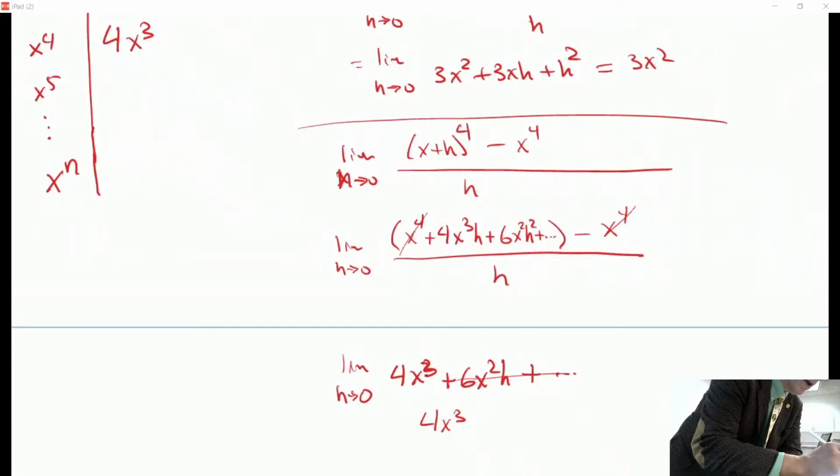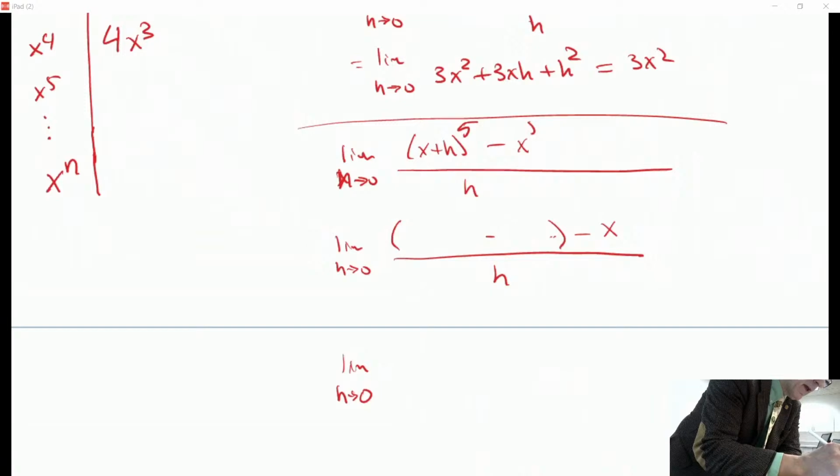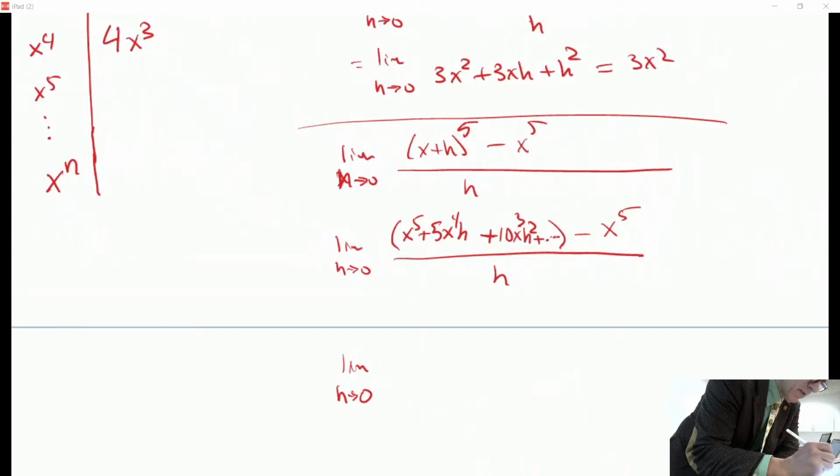In fact, I'm just going to cheat and change this to the 5th power. I'll change this stuff here and this stuff. That way I don't have to write as much. But I bet you can guess what this is going to end up being. X to the 5th now. So this will be x to the 5th plus 5x to the 4th h plus 10x to the 3rd h squared plus a bunch of other stuff with bigger powers of h.